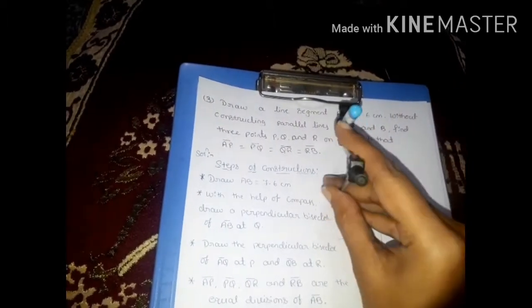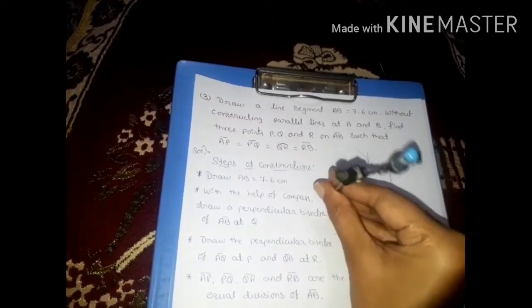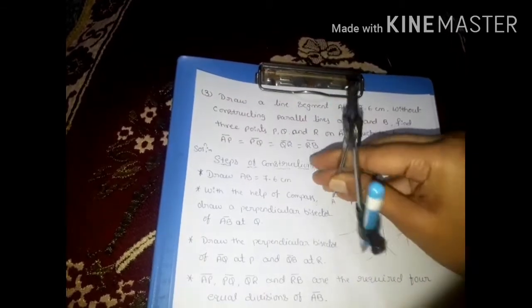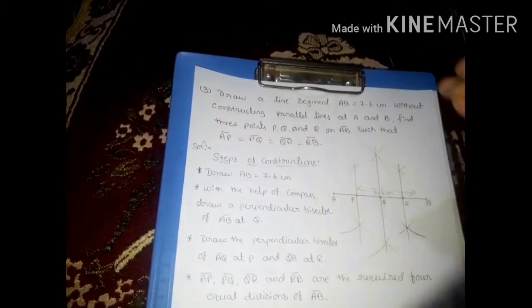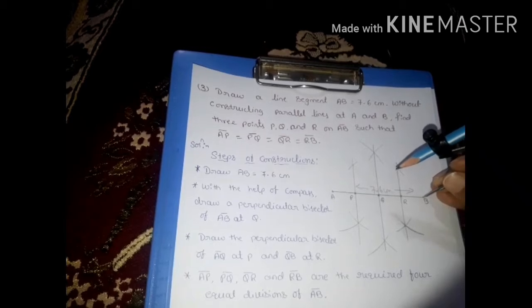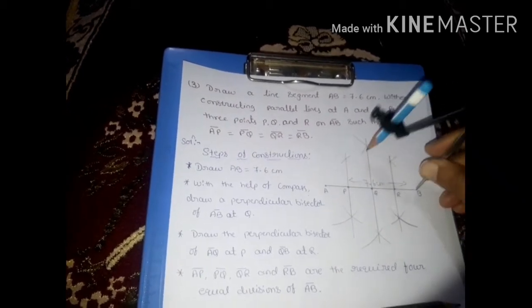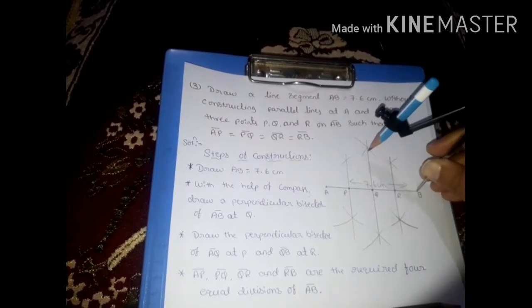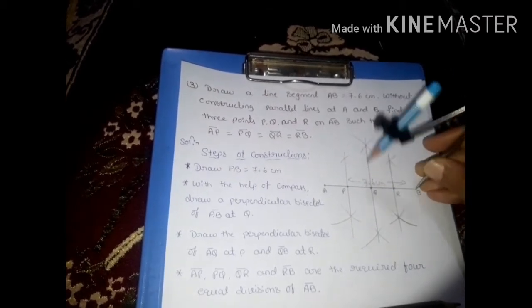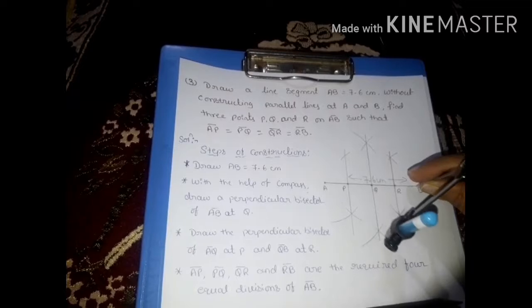At point A you have to draw one arc above the line and another arc below the line. Similarly, at point B also, without changing the measurement, you have to cut the arcs you drew from point A, above and also below the line.